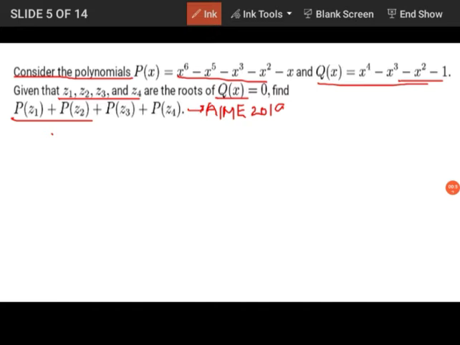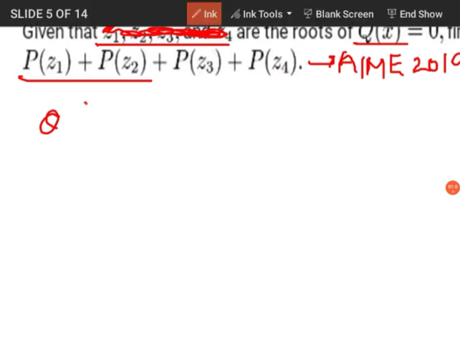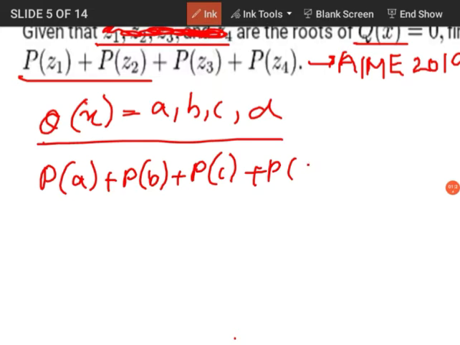Let's say the roots are not these, because this will be tough to write. Let me zoom in. Say Q(x) has roots a, b, c and d. Now they have asked us to find P(a) plus P(b) plus P(c) plus P(d).